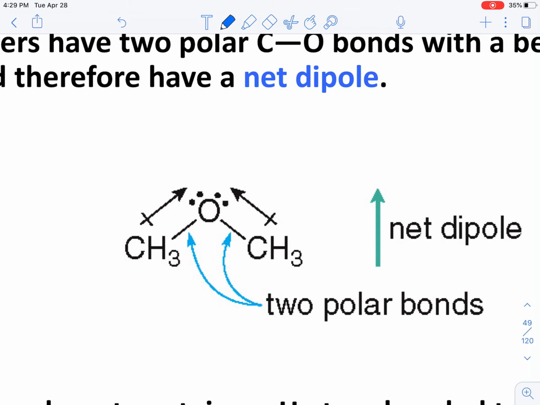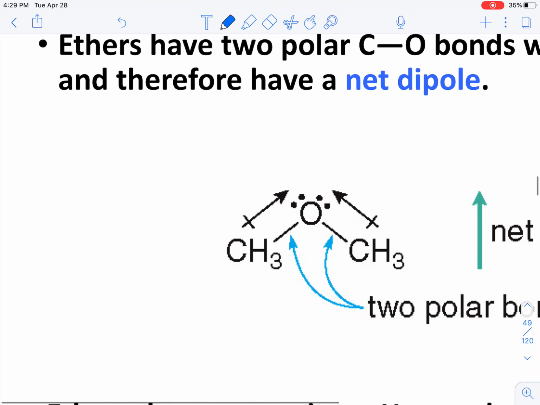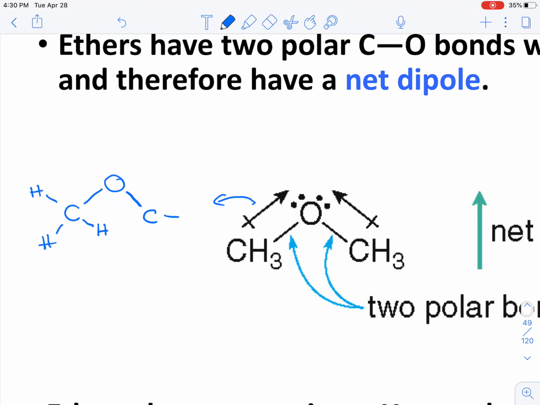And so looking at this specific substance, I'm going to translate it into expanded structure because I want you guys to understand the connection. So notice that the oxygen is covalently bonded to carbon.